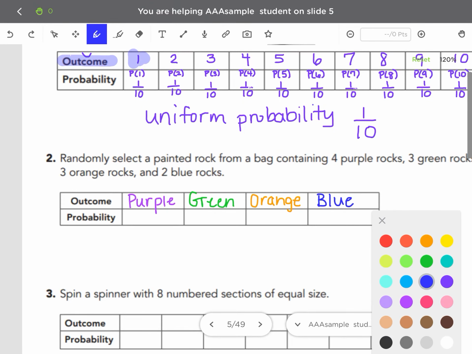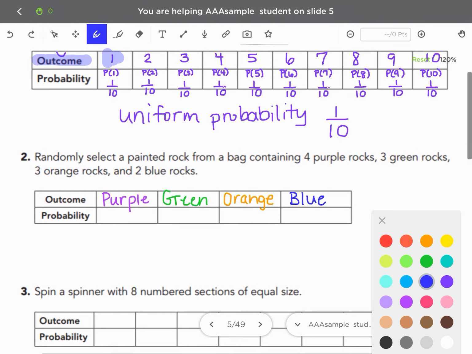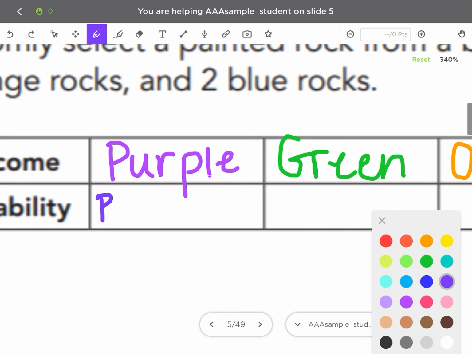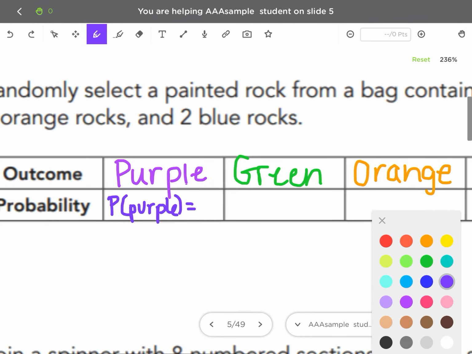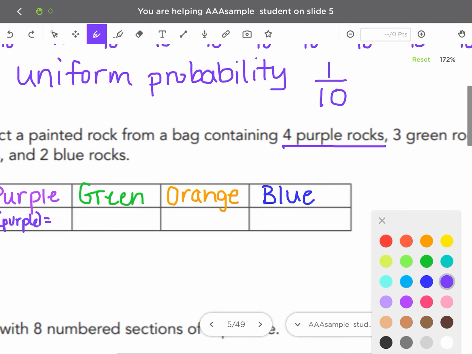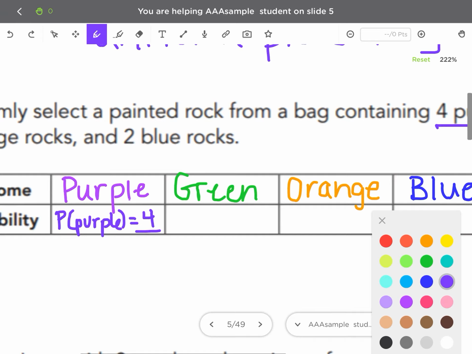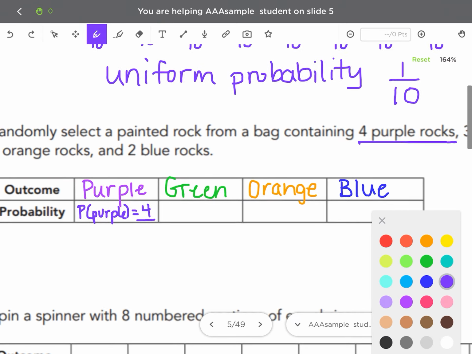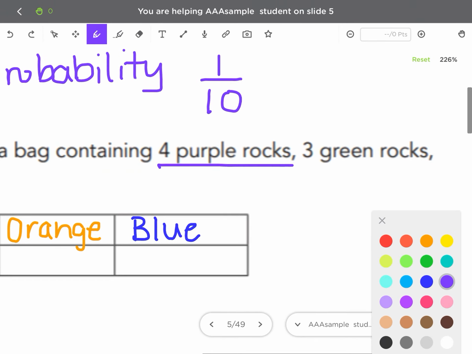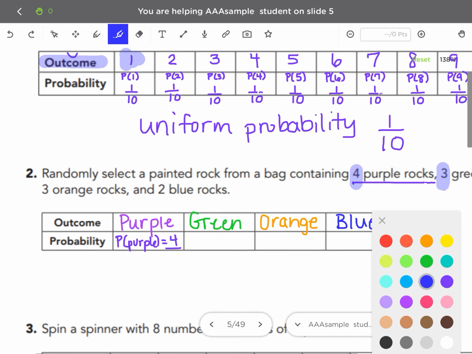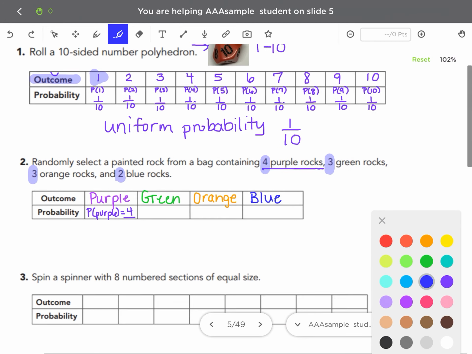Then we want to calculate the probability for each one of those. So the probability for a purple: if we go back up here, there were 4 purple rocks, 4 out of how many total rocks there are. So we have 4 purple, 3 green, 3 orange, and 2 blue.